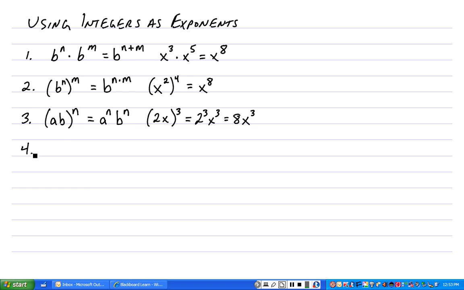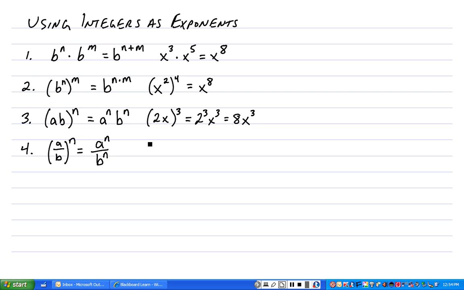And now instead of multiplication, if we look at the same principle in the form of division, so you have a quotient here, a divided by b, and both of them are being raised to the n. Then again, it's like distributing that exponent. So it would be the equivalent of saying a to the n over b to the n.